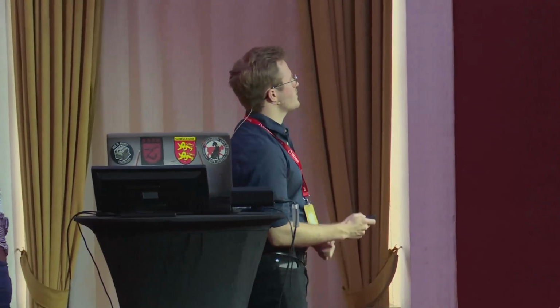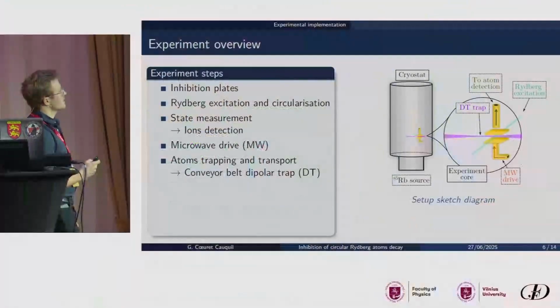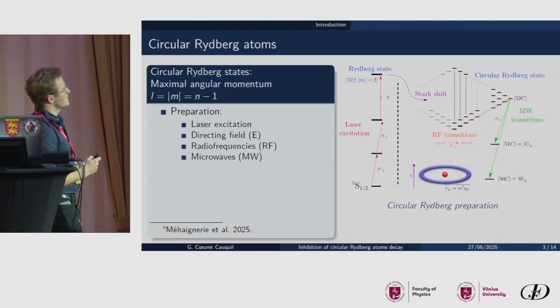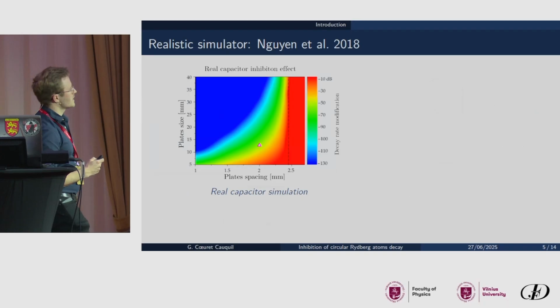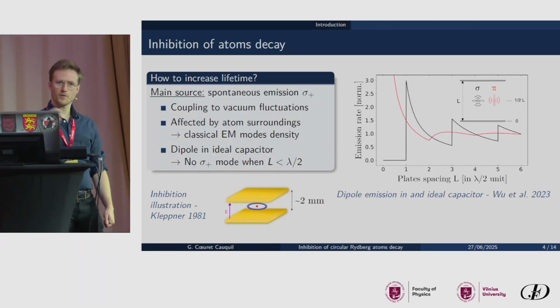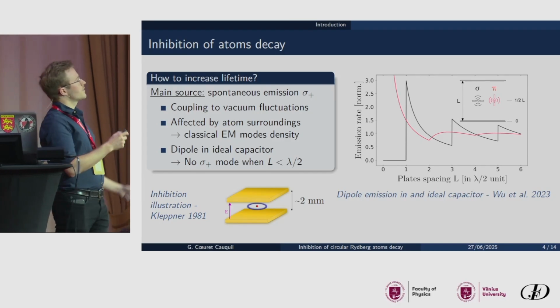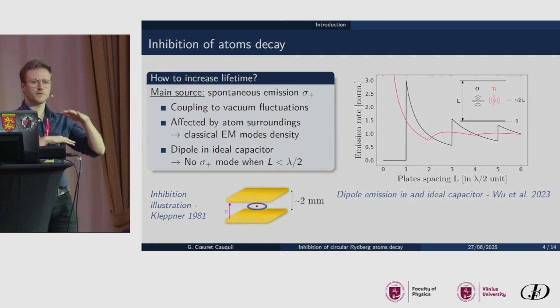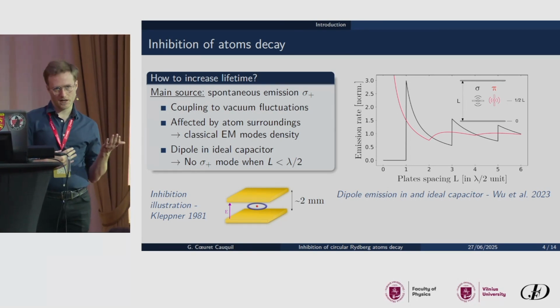So for the inhibition, there are different points of view that you can take. The simple one is to say that if you have two infinite plates, it's like a kind of waveguide somehow.